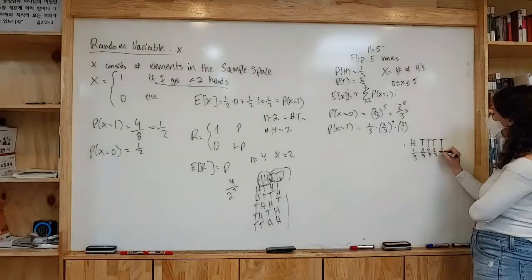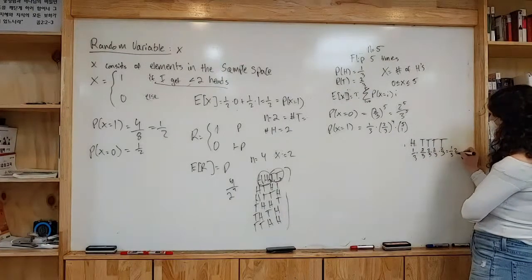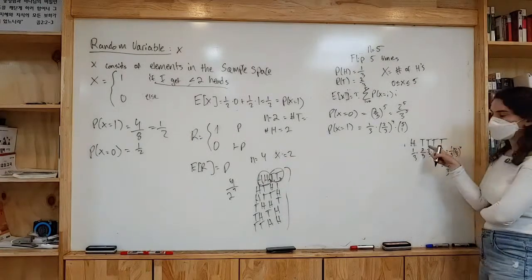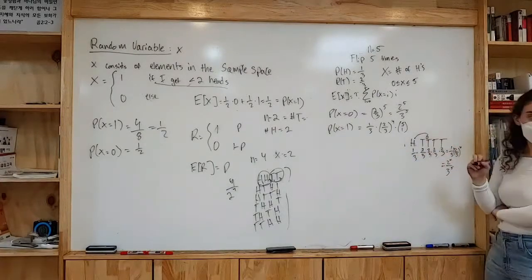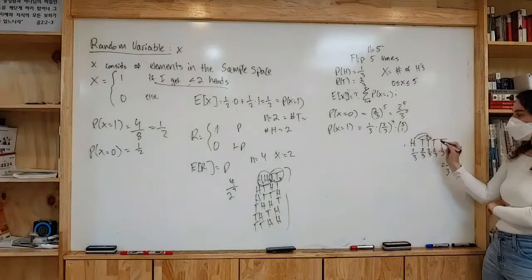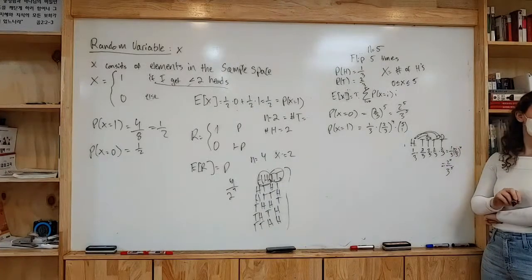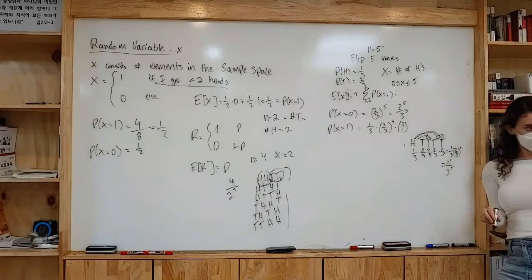I multiply 1/3 times 2/3 to the 4th, which equals 2 to the 4 over 3 to the 5. But what's my problem? Only one H could go here. H could also go here. So there's 5 places for H, so I multiply by 5. 5 choose 1 is 5. I choose where H goes.